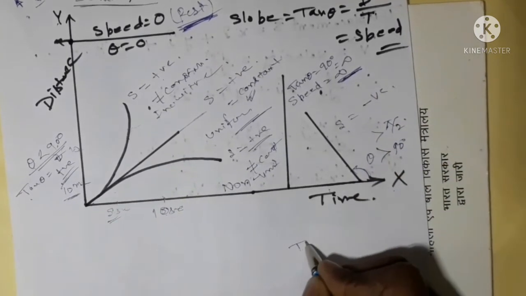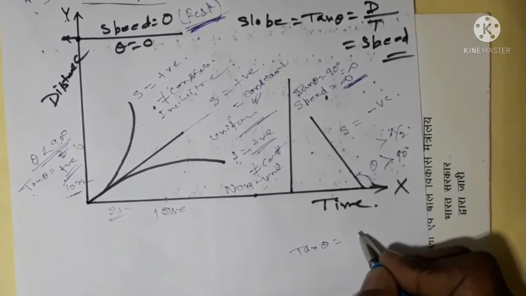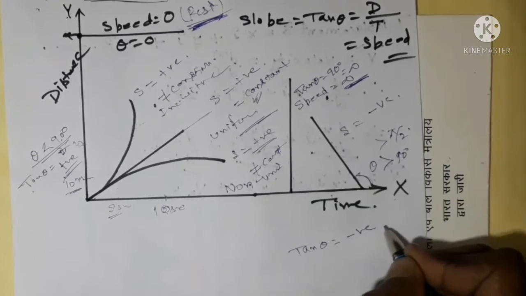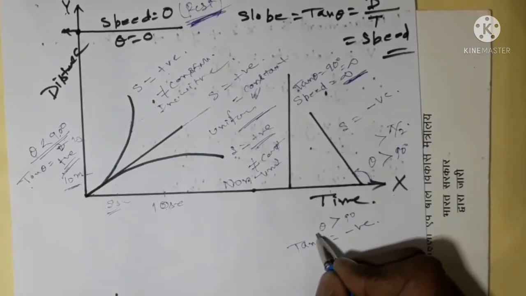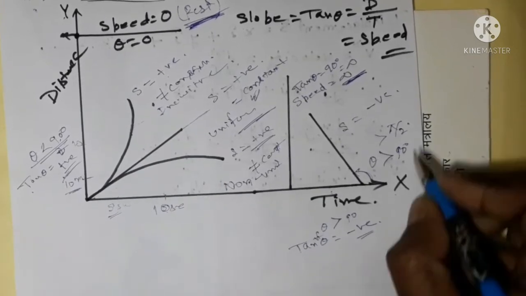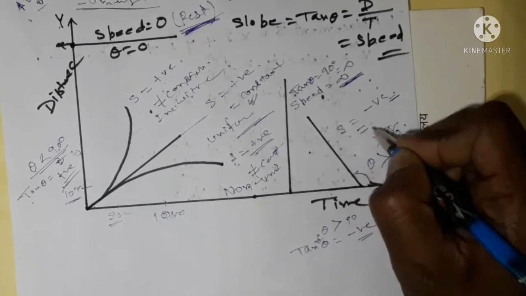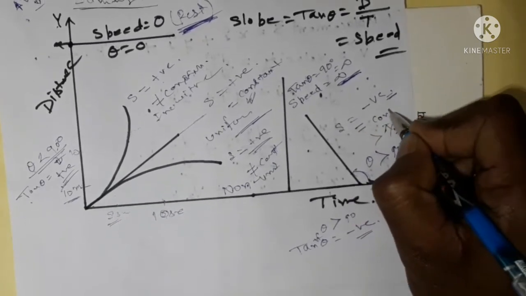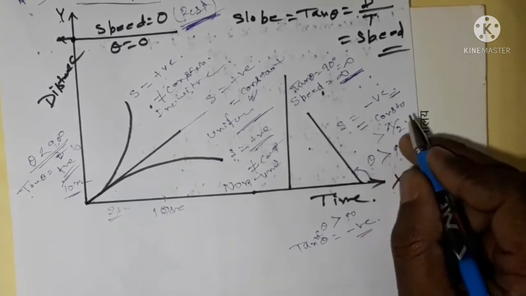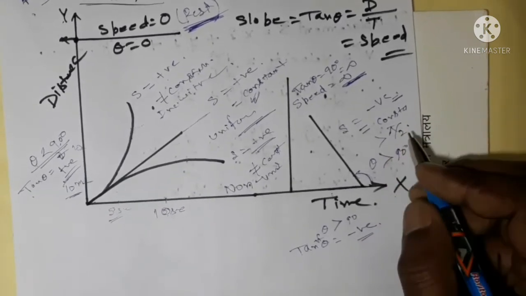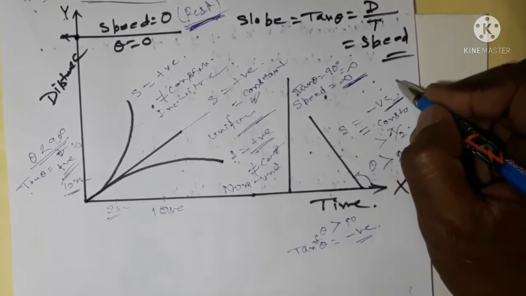All values of tan theta for angles greater than 90 degrees are negative. So speed is negative. It is constant because it is a straight line. But speed is never negative, so this type of graph is also not possible.